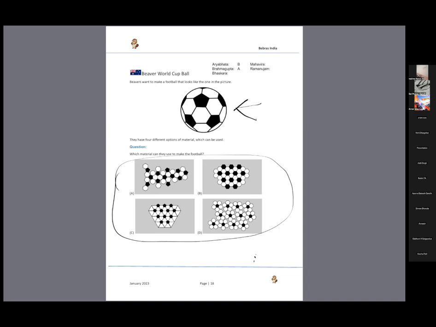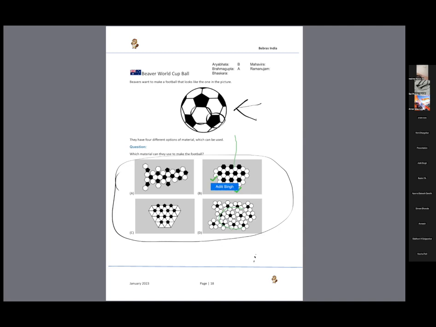Okay, so we can start with the last option first. This one. If you go to see, the shapes of the black and white patches are the same. On the ball, the black patch is a pentagon and the white patch is a hexagon.